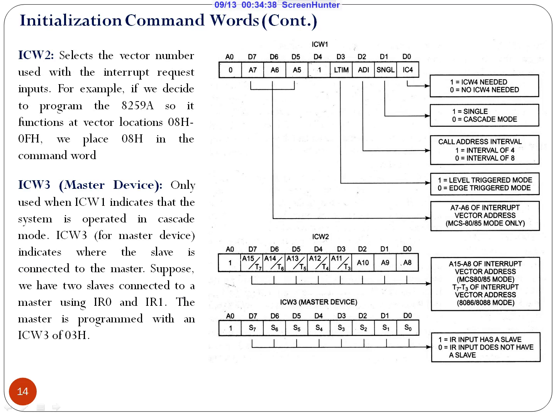So the ICW1 will be like this. In this, the D0 bit will be used for whether the ICW4 is needed or not.